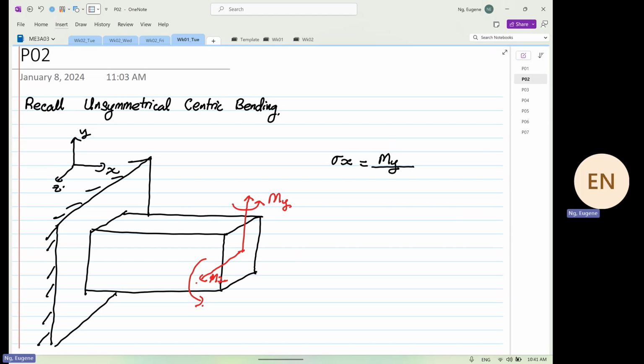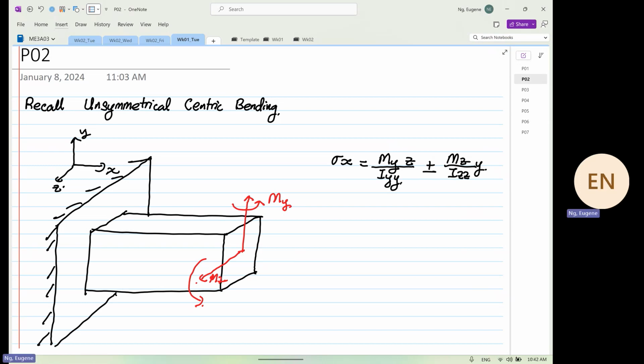Second moment of which axis? You're right. Divided by I_Y, multiplied by Z, plus or minus moment about Z divided by I_Z, multiplied by Y. This is the easy part.